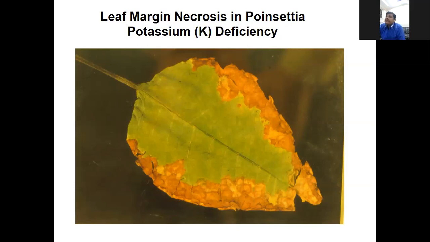Here is a deficiency of potassium, that is known as leaf margin necrosis. It will turn necrotic patches across the leaf tip margins. It is a characteristic deficiency symptom of potassium shown by the plant leaf. Okay.